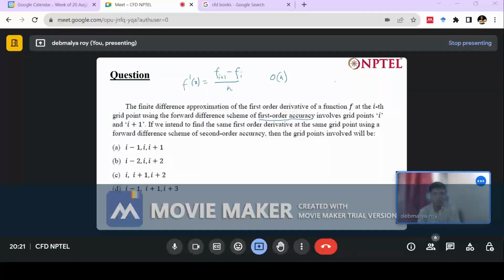Now, if I want to do order h square, we saw the central difference method. That is one method that we can do. But let's say we do not want to use i minus 1 here. We only want to use the points which are after i, like i plus 1 or i plus 2, or even further.